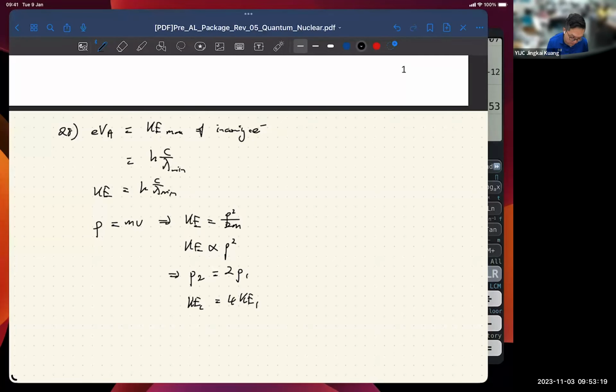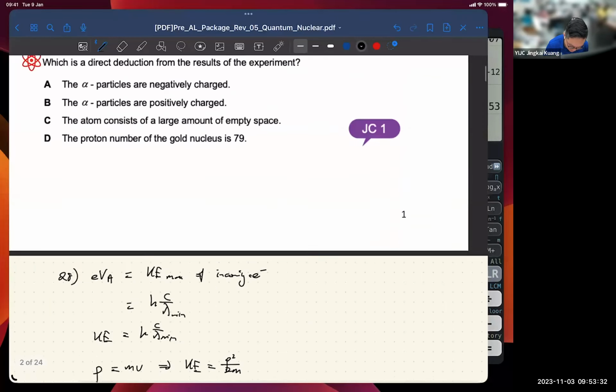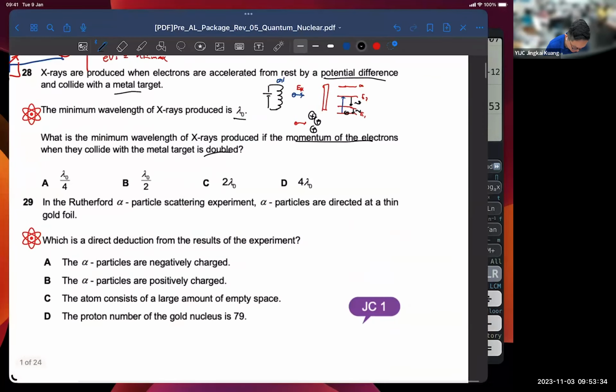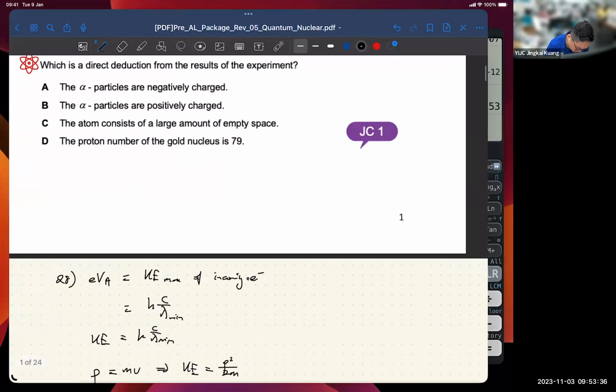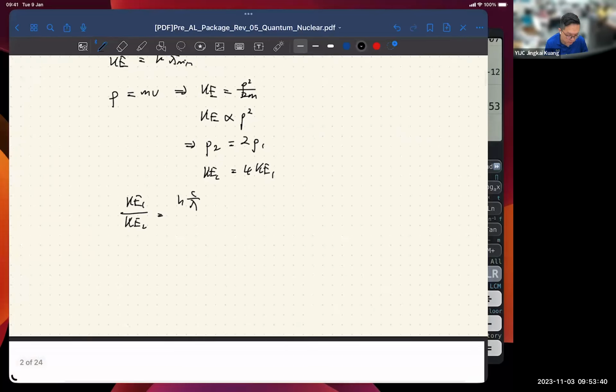If my KE quadruples, then KE1 over KE2 is equal to hc over lambda. What they give us is lambda naught, the original. So lambda naught over hc over lambda 2. I want to find lambda 2.